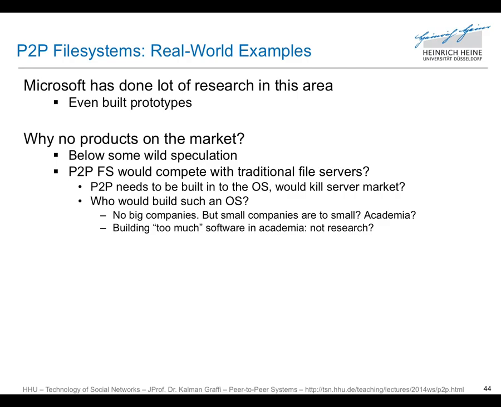And also there, these peer-to-peer file storage elements come in, especially when it's about replication and replica management, then they took over quite a lot of the ideas to coordinate the many servers they have in their data centers.